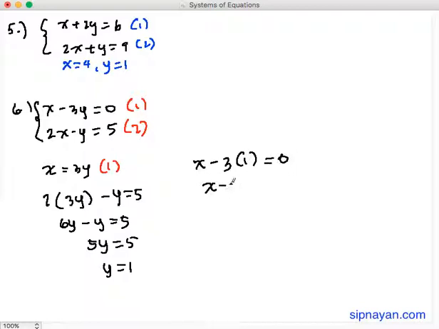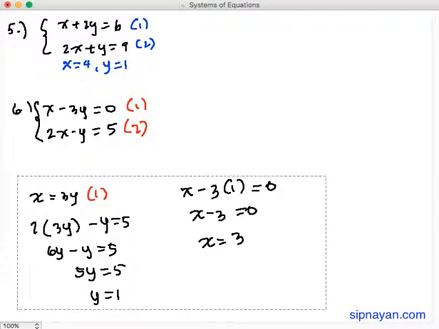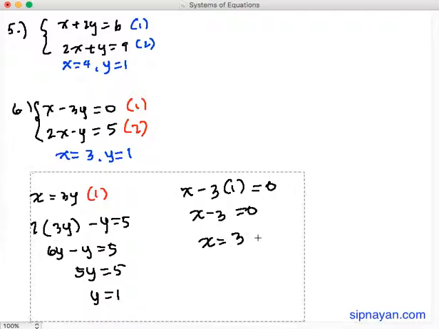We have x minus 3 equals 0, x equals 3. So 3 yung ating x at y natin ay 1. I think we can answer now: x equals 3 and y equals 1. Yun yung ating solution sa system of equations.